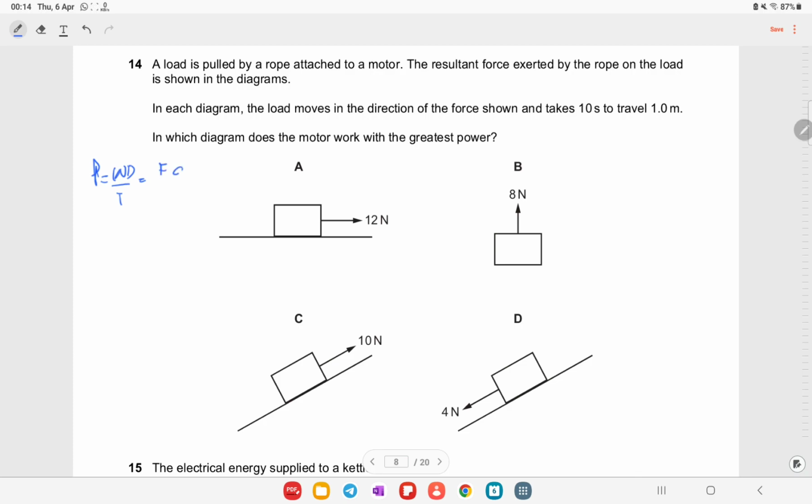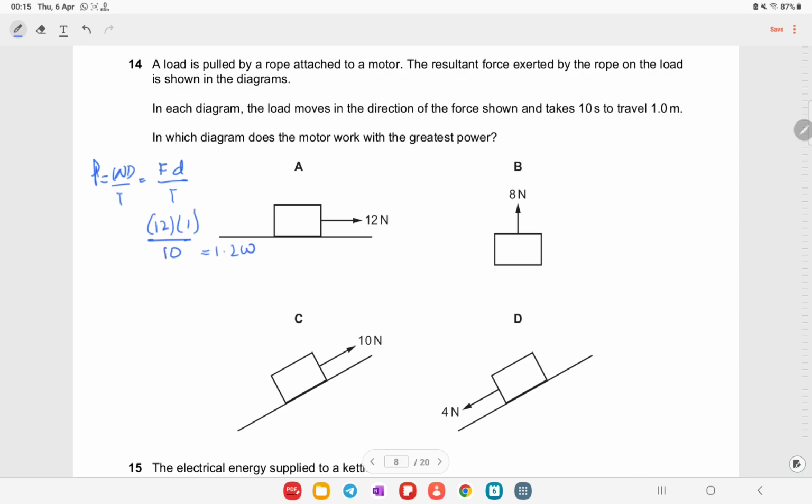So F into D, that is force times distance, divided by time. The force is 12, distance is 1 meter, and time is 10 seconds. So it's going to be 1.2 watts.